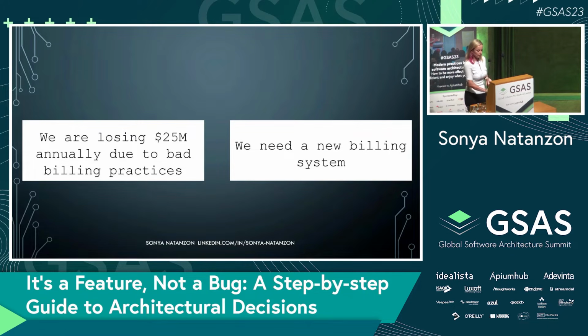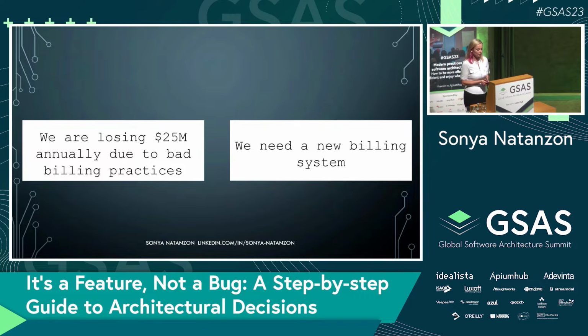Here's another one. We need a new billing system. My immediate reaction to this is, why do we need a new billing system? What good outcomes will start happening or bad outcomes will stop happening if we have a new billing system? Unclear, other than we'll have a new billing system.